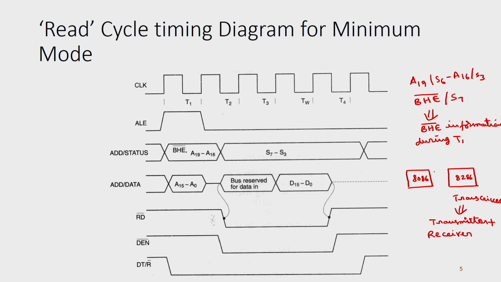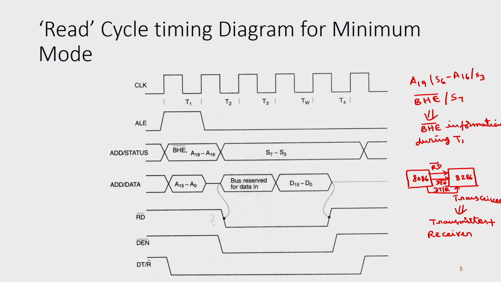For that it uses the read bar signal, and then there are two extra signals called DEN bar and DT by R bar. In order to perform any operation, whether a read operation or a write operation, DEN bar should be low.